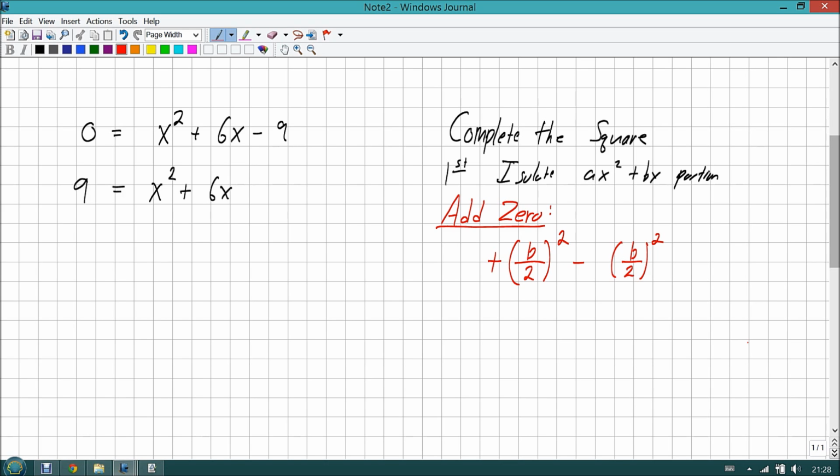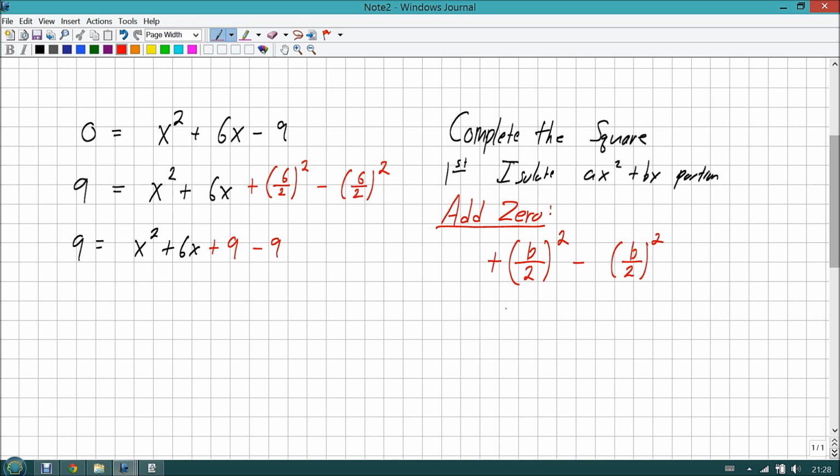Our b value is 6, so I'm going to both add and subtract 6 over 2 squared. And when I do that, I get 9 is equal to x squared plus 6x. 6 over 2 is 3, 3 squared is 9. So plus 9, and then minus 9.